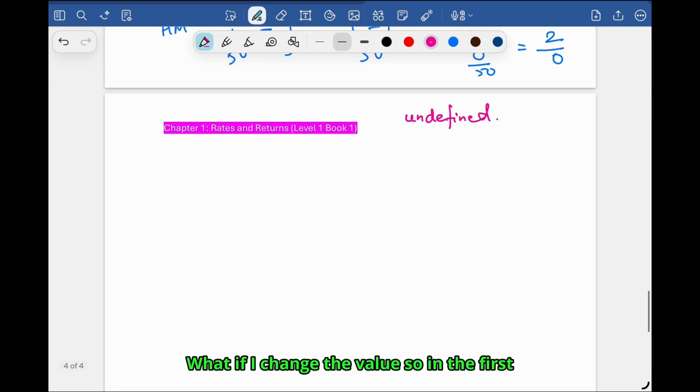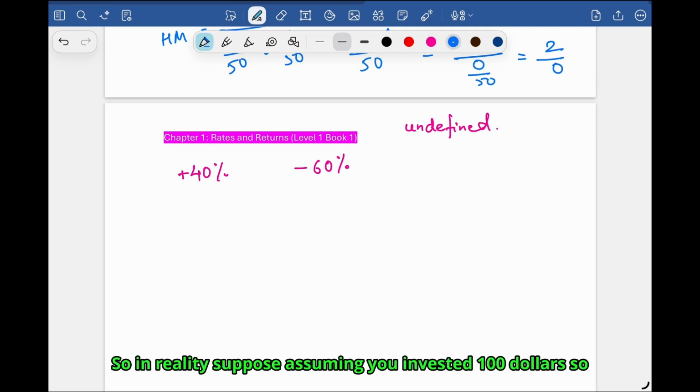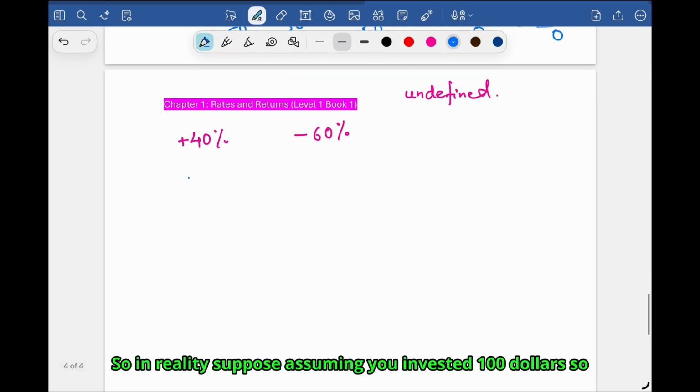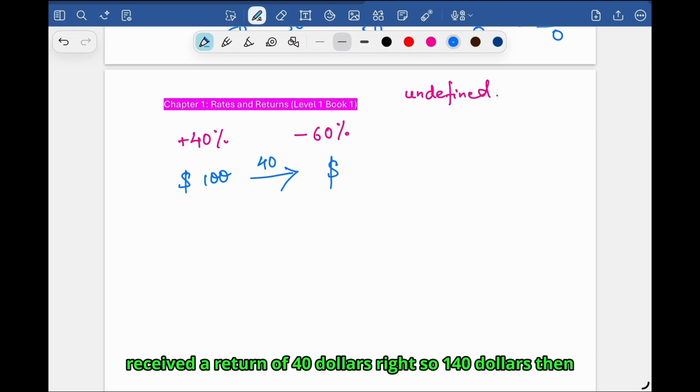What if I change the value? In the first year, your return was positive 40%. In the second year, the return was negative 60%. In reality, suppose you invested $100. After the first year, you must have received a return of $40, right? So $140.